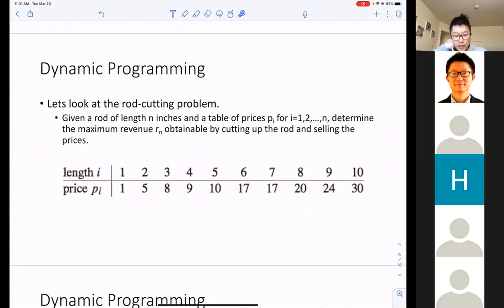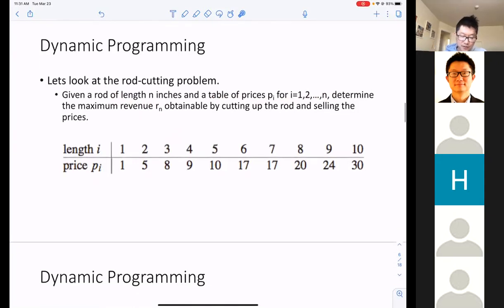The very concrete problem is called rod cutting. Given a rod of a certain length and a table of prices, determine the maximum revenue that you can obtain by cutting the rod and selling it for money.